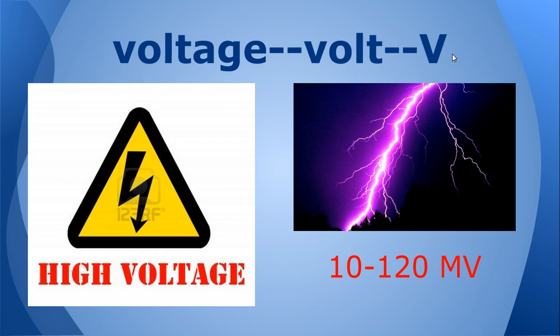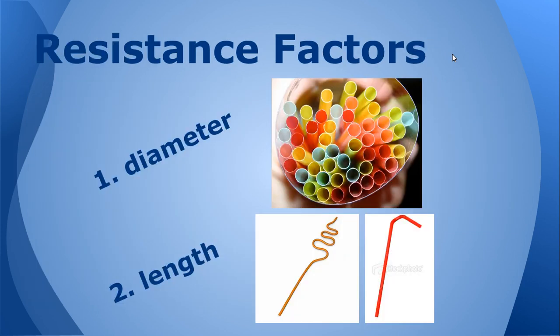But just to give you some idea, voltage in lightning is typically anywhere from 10 to 120 million volts. So you can understand just from that how different the amounts of voltage can be, and why maybe a watch battery is only a couple of volts, or a car battery is a lot more.